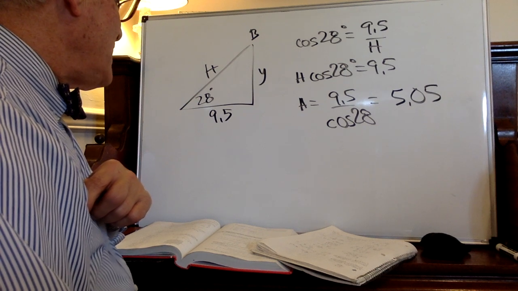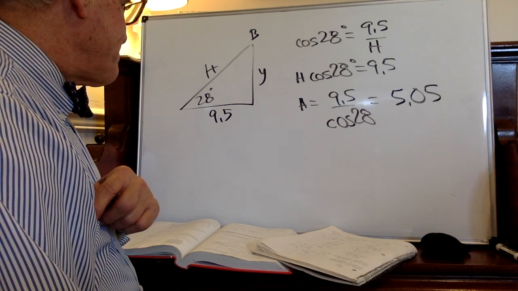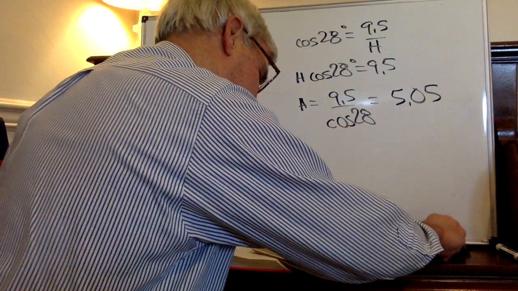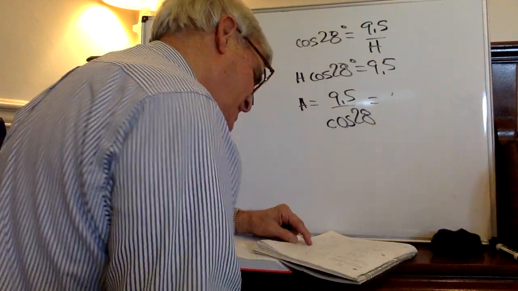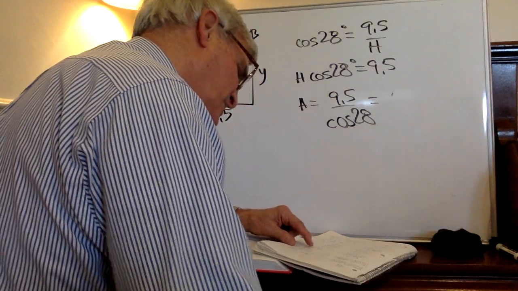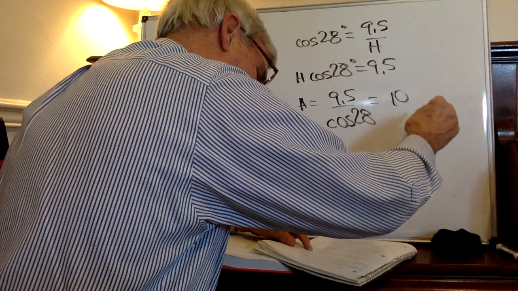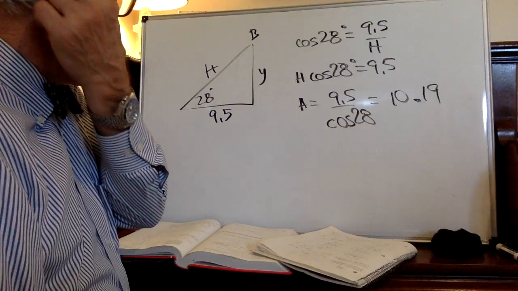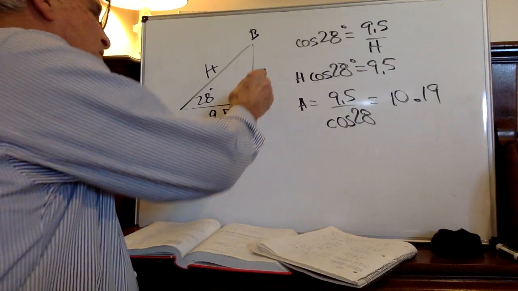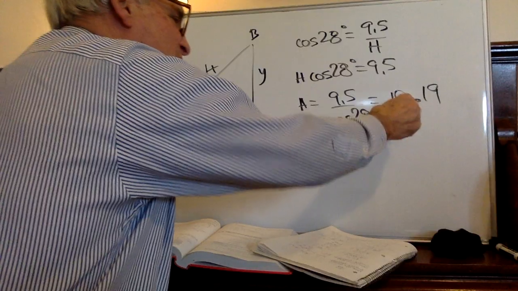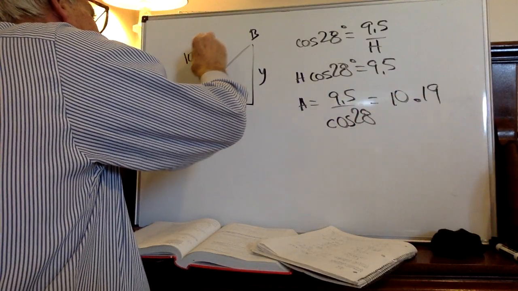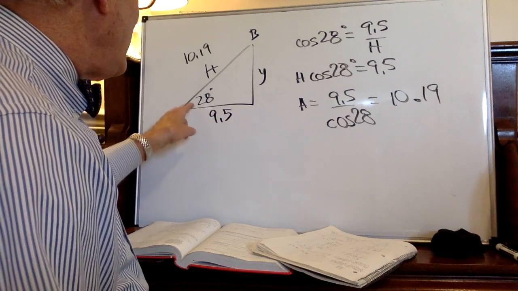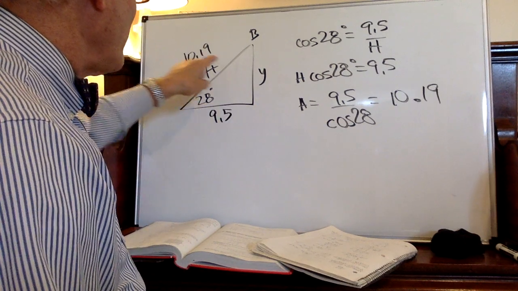Okay. I can solve for y. Excuse me. This is 10.19. Take that back. 10.19. To find y, once I've got this, I now could say the sine of 28 is y over 10.19.